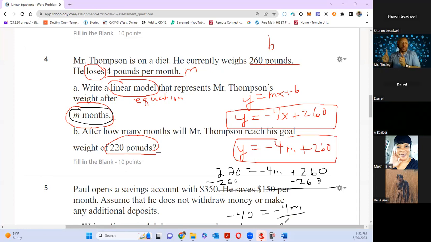So to get m by itself, what do I need to divide by? What is the coefficient in front of that m? Negative 4. You cannot forget those signs. Negative 4. If I want to get m by itself, I need to get rid of the negative 4.